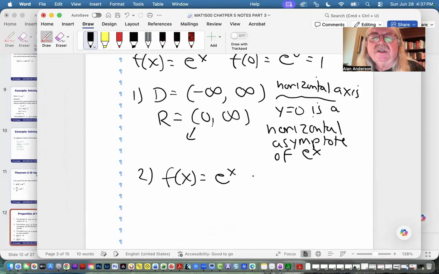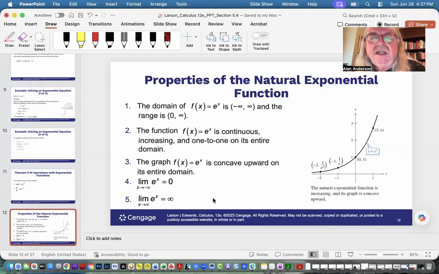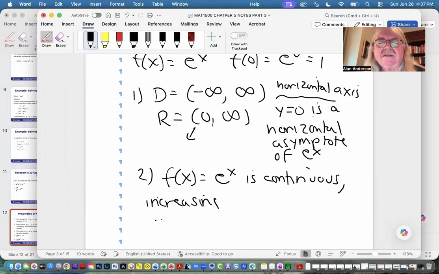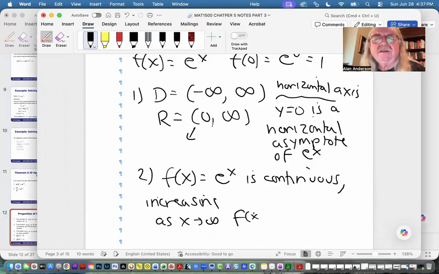And you can see just by looking at it, there are no breaks. And increasing, which of course means that as x goes up, f of x increases continuously.